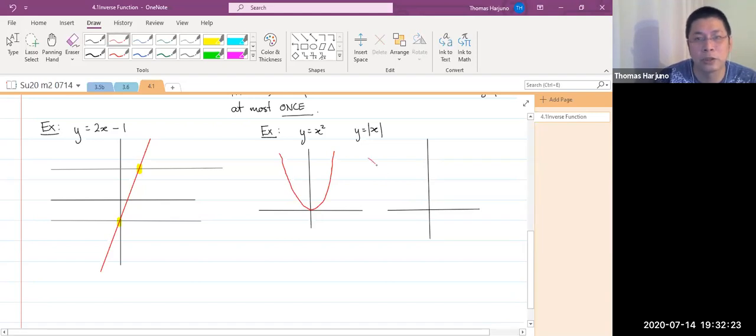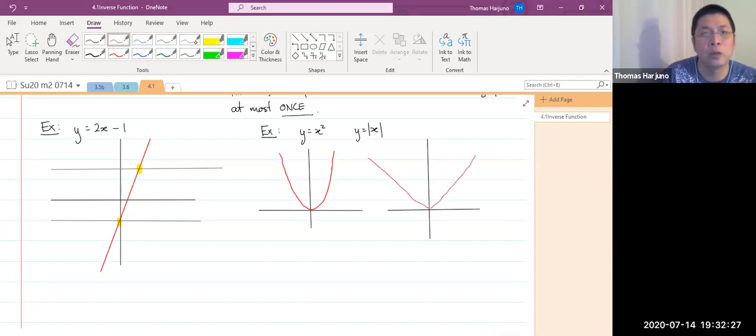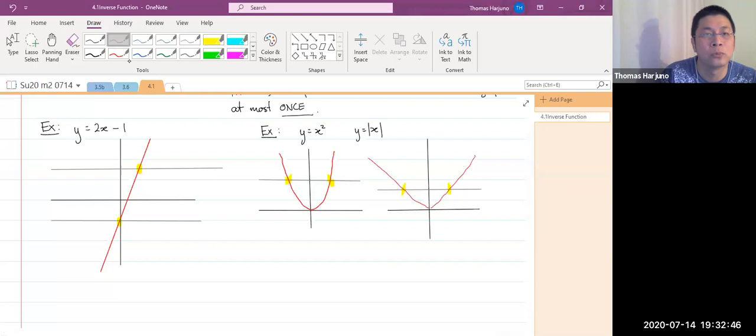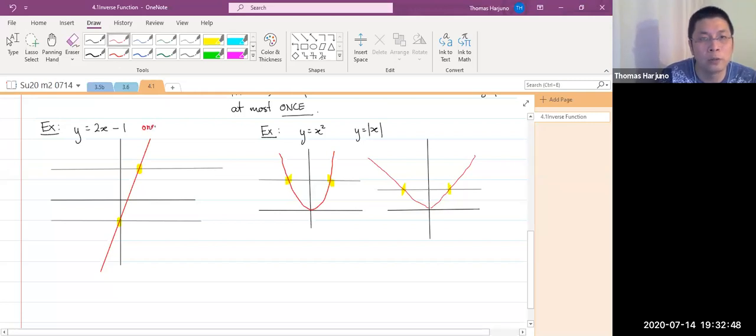So you see that we can easily find a horizontal line that intersects the graph at more than one place. So these two functions are not one-to-one. They are functions, but not one-to-one. So this is one-to-one, and these are not one-to-one.